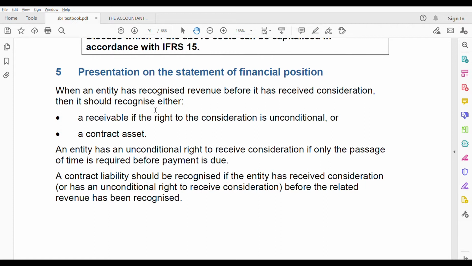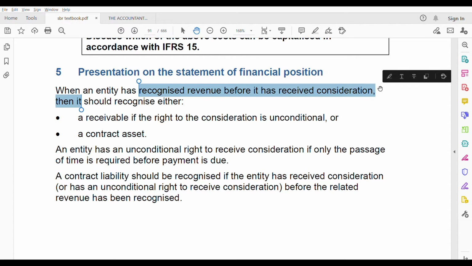So when an entity has recognized revenue before it has received consideration, then it should recognize one of two things. In this case, they are recognizing the revenue before they are receiving the cash. Then it should do one of the following. A receivable, if the right to the consideration is unconditional.